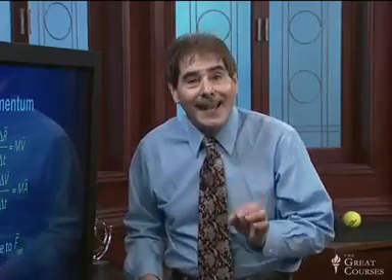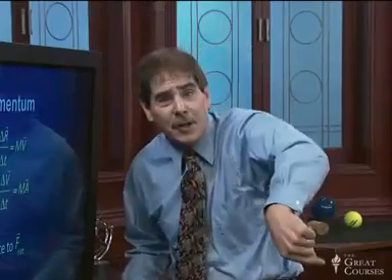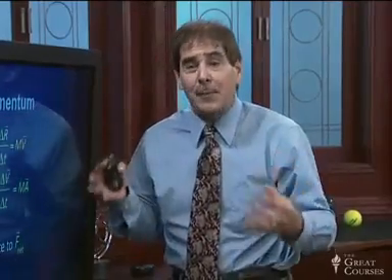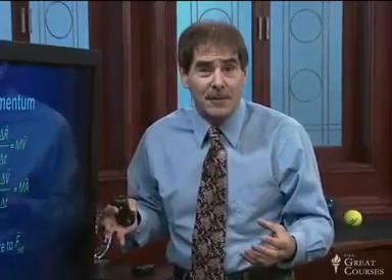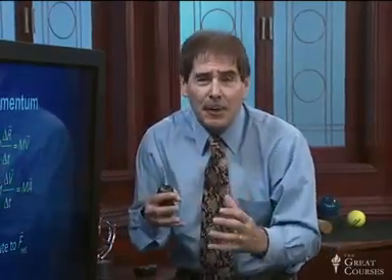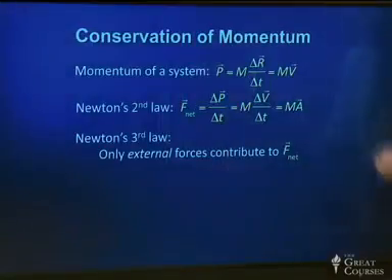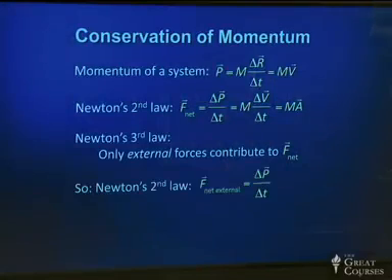But again, they cancel in pairs. For every force pointing that way of 5 newtons, there's another force pointing that way of 5 newtons. And when I add up all the forces on the system, the net force does not include any of the internal forces, that interact between the particles of the system. It only includes the external force. So F net is only the external force acting on the system.